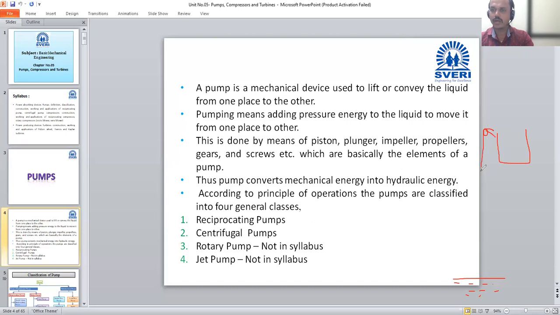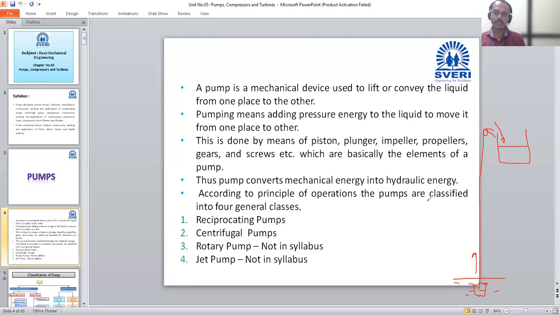We add a bucket here, and manually pull it in the upward direction and then fill the water here. With this we can lift the water, but then an invention happened, in which we can automatically use mechanical power to lift water from the lower level to the higher level, and the device which performs this work is called the pump.